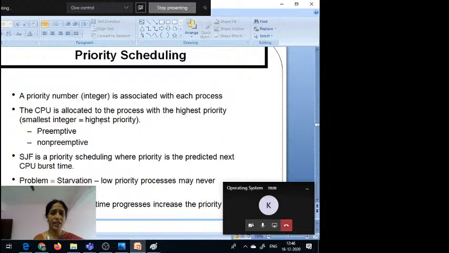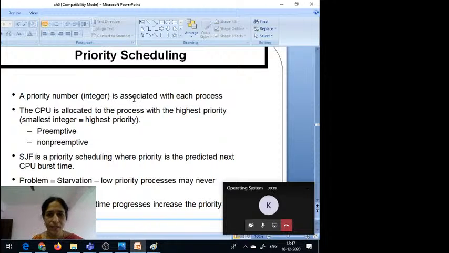A priority number is associated with each process. That means each and every process is assigned some priority. So which process is first allocated to the CPU? The one with the highest priority.